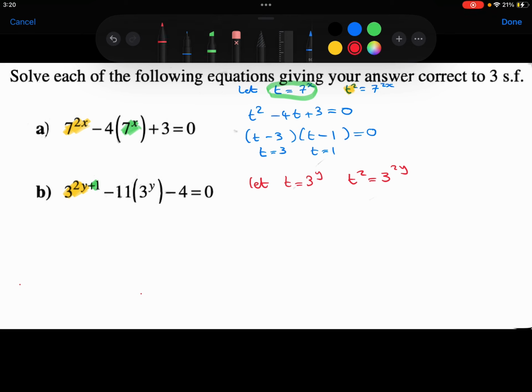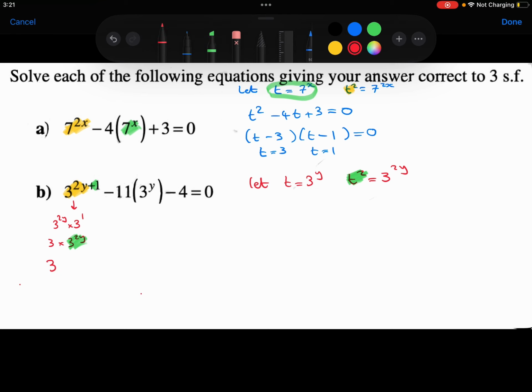So I need to do a little bit of work with index laws on this. I can rewrite this as being 3 to the power 2y times 3 to the power 1. Or just swapping those around, 3 to the power 1 times 3 to the power 2y. This is my t squared.